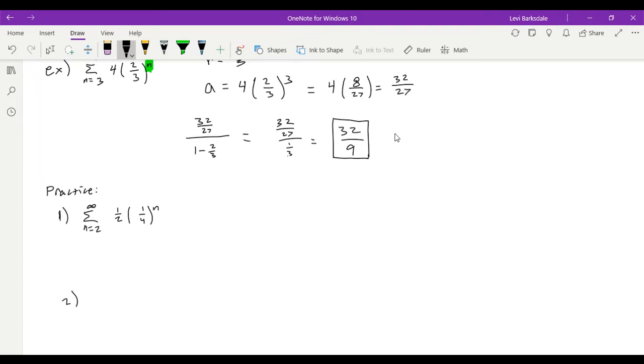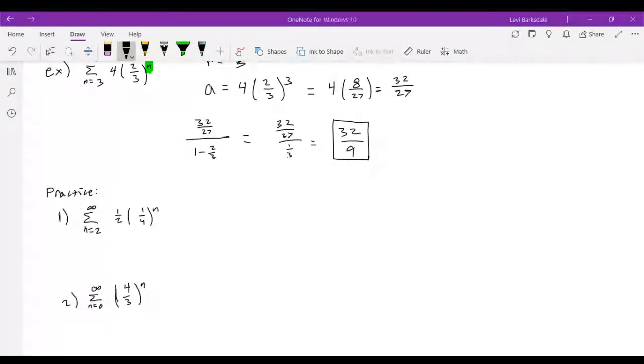And secondly, the sum from n equals 0 to infinity of 4/3 to the nth. And I'll give you a minute or two to work those out.